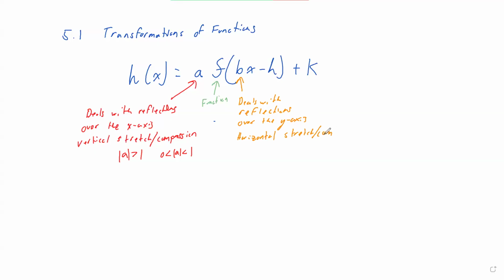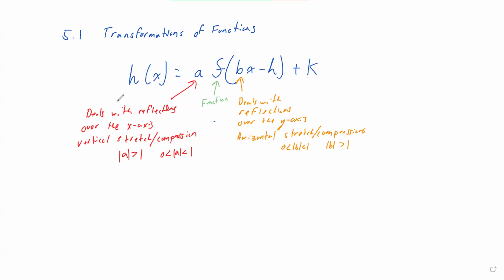You see compression shrink a lot in different books. This one uses compressions. Stretch, though, for horizontal will be between 0 and 1, and a horizontal compression is actually when the absolute value of B is greater than 1.